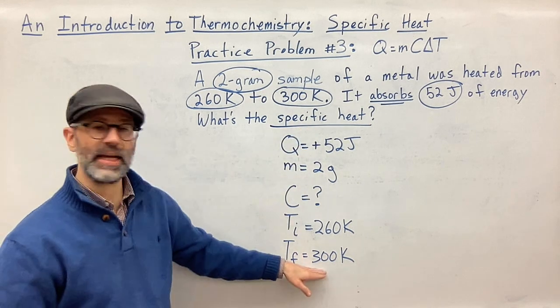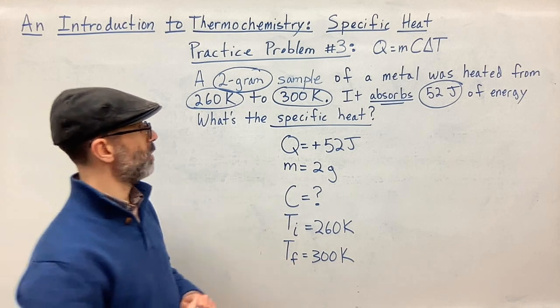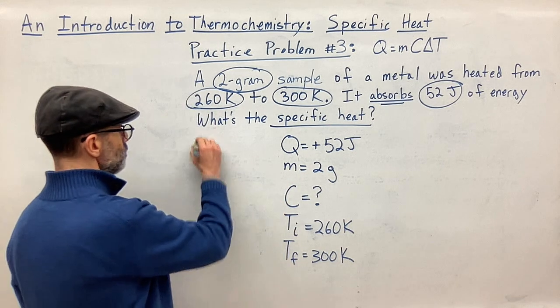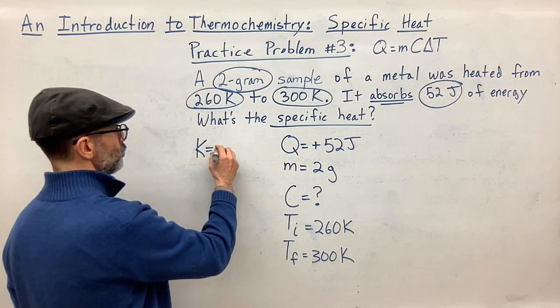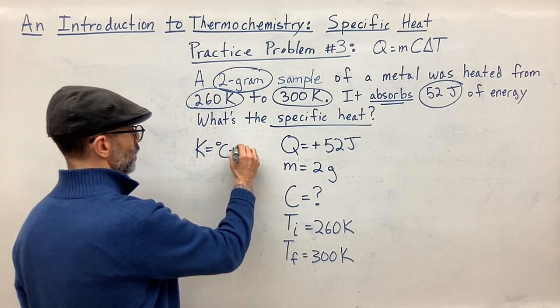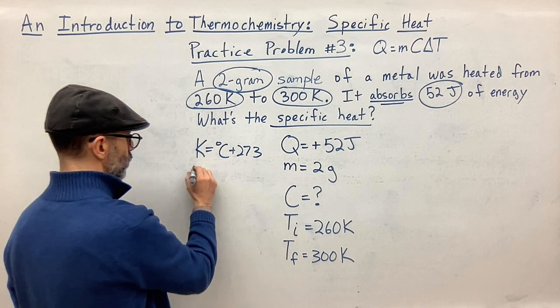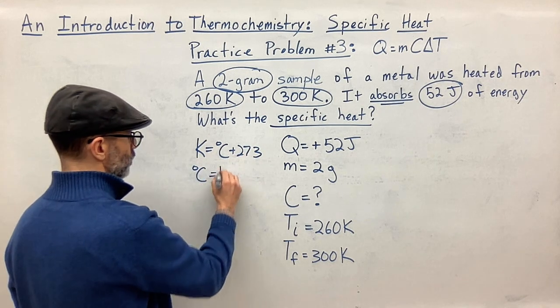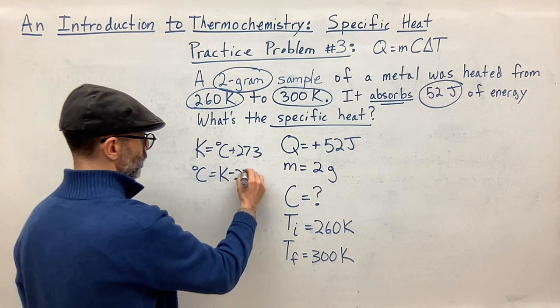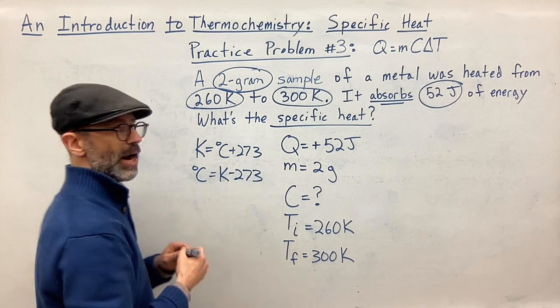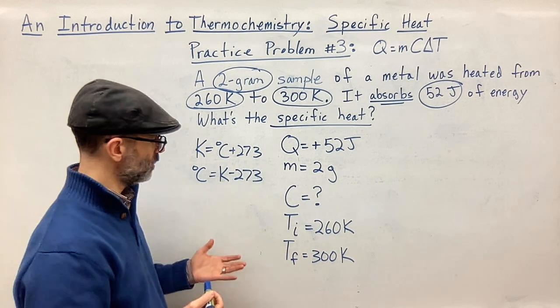So we're given Kelvin, we need to convert. Remember the equation, Kelvin is equal to degrees Celsius plus 273. Or if you solve this for Celsius, that's going to be equal to Kelvin minus 273. So we're going to have to subtract 273 from our temperatures.